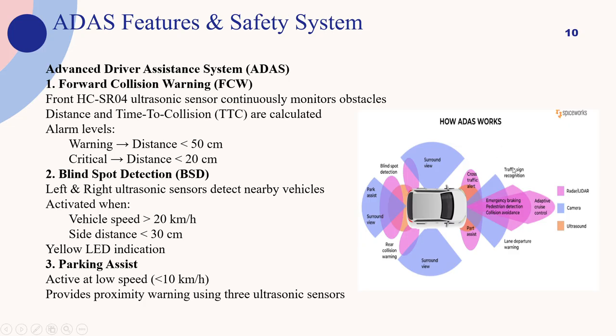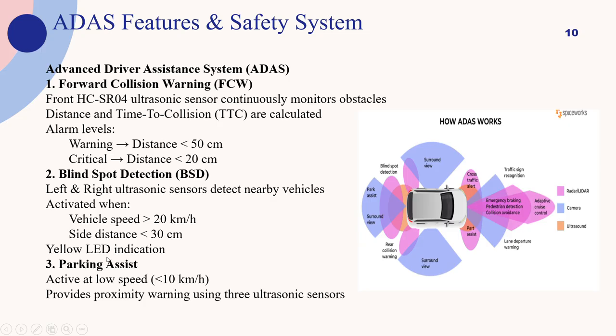Next, adaptive cruise control. Here we can see color indications: pink, radar, leader, camera, ultrasound. So left and right are blind spot detection, and the front is forward collision.